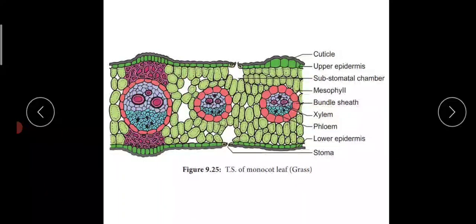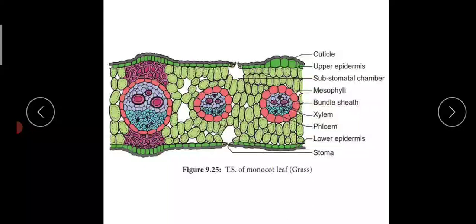But in case of monocots, as the leaf arrangement is isobilateral, they are arranged erectly. So as we have already mentioned, both surfaces receive almost equal amount of light. In that case, we do not have to restrict the stomata to any particular side.